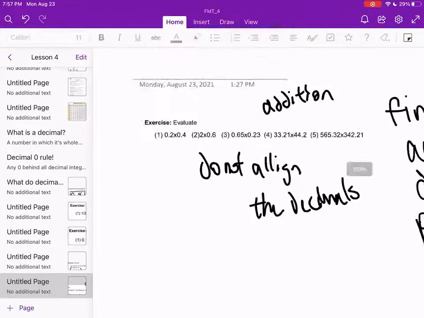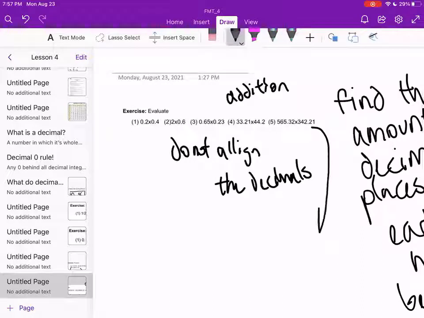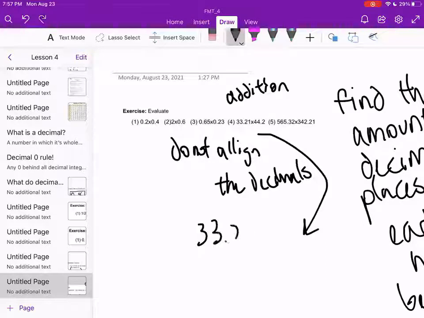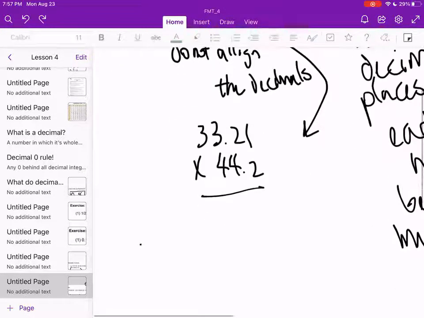So if I have a question like this, first I'm going to put the one with more numbers, 33.21, and then I'm going to multiply by 44.2. The number with more numbers is going on top.